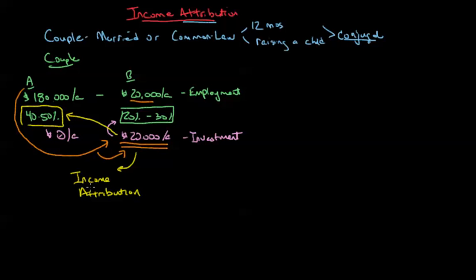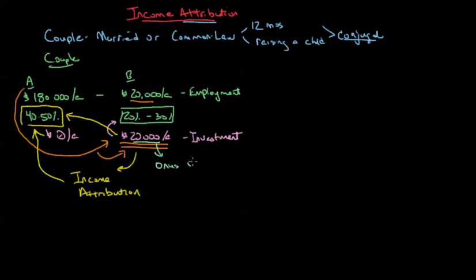And the onus would be on the couple, on A and B, to demonstrate that in fact this $20,000 is properly supposed to be taxed in B's hands. So if we can't show that B actually purchased or acquired the source of revenue for this $20,000 of investment income on their own rights, then this attribution will happen.